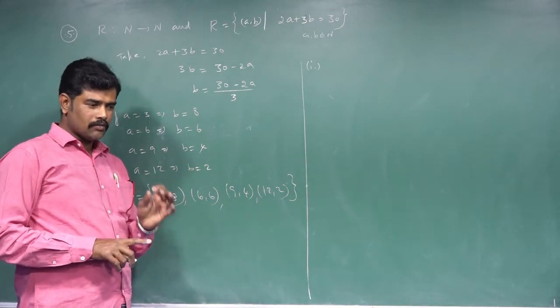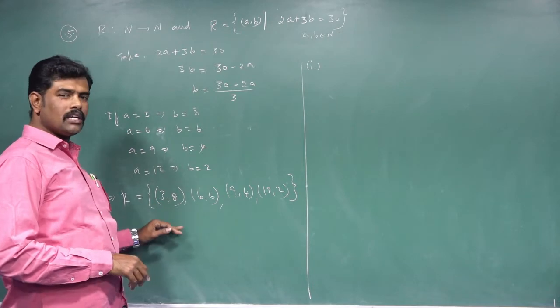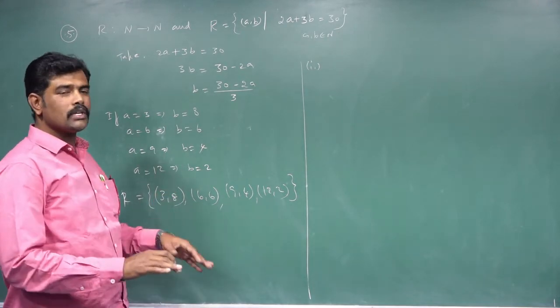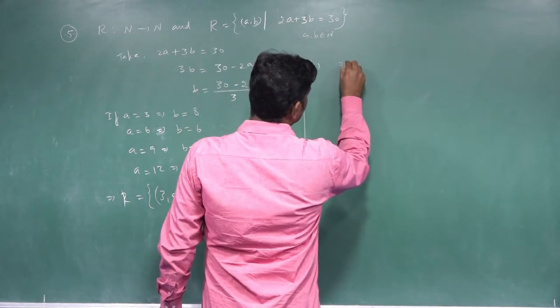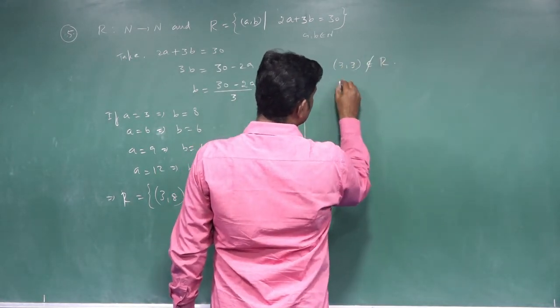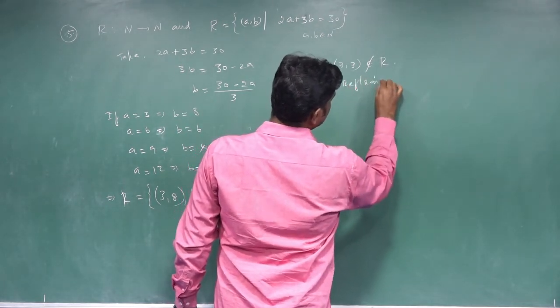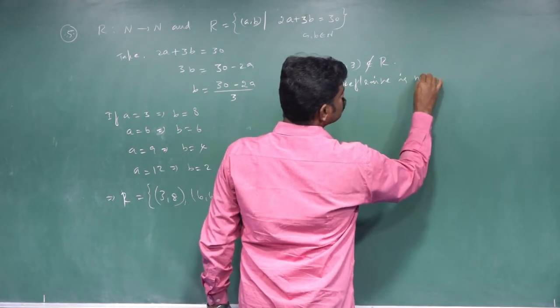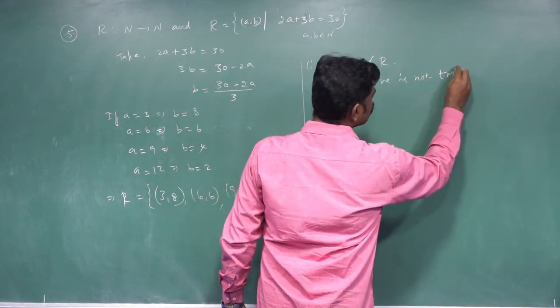But one case is enough to say so. (3, 3) does not belong to R, so it is not reflexive. Reflexive is not true.